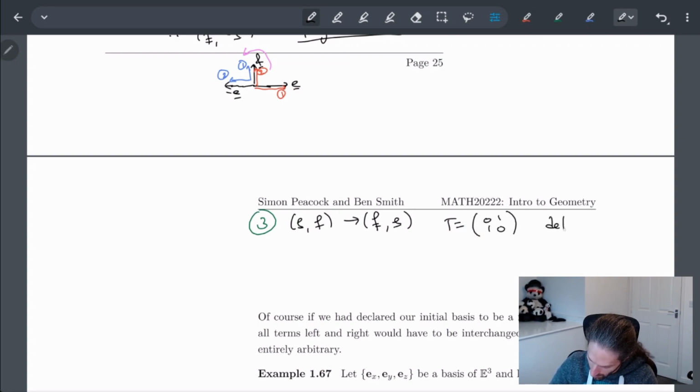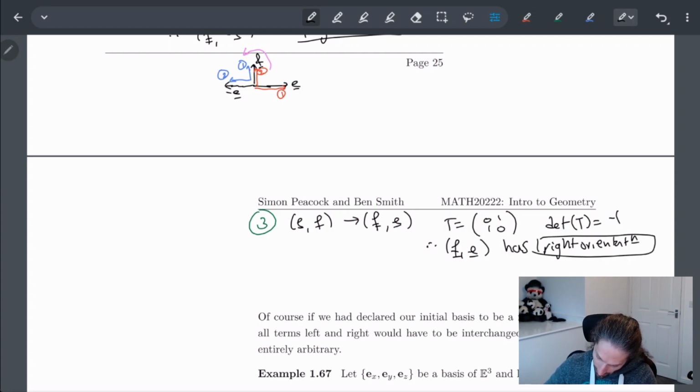The determinant here is minus 1. In other words, FE has opposite orientation, right? Because the determinant is negative. Therefore, it has the right orientation.